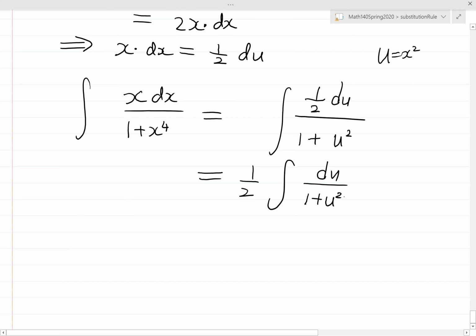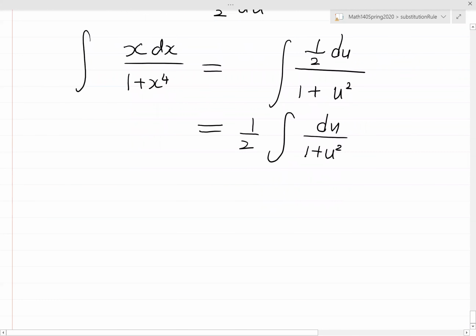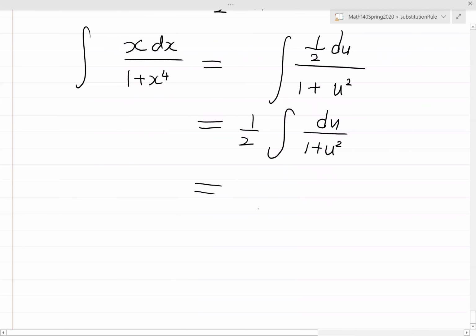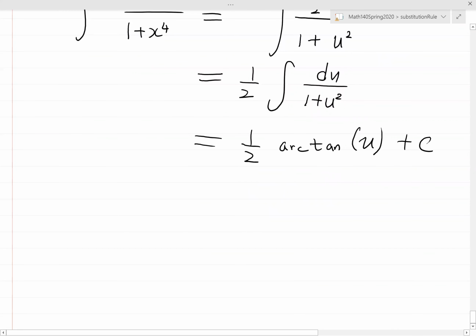Now this is in the antiderivative table. It's 1/2 arctan of u, plus constant c. And then the last step, substitute u by x squared, returning to the original variable: 1/2 arctan of x squared plus constant c. Then we're done for this problem.